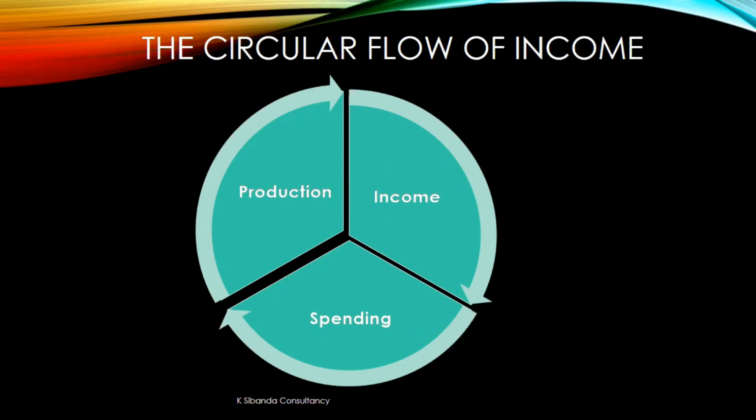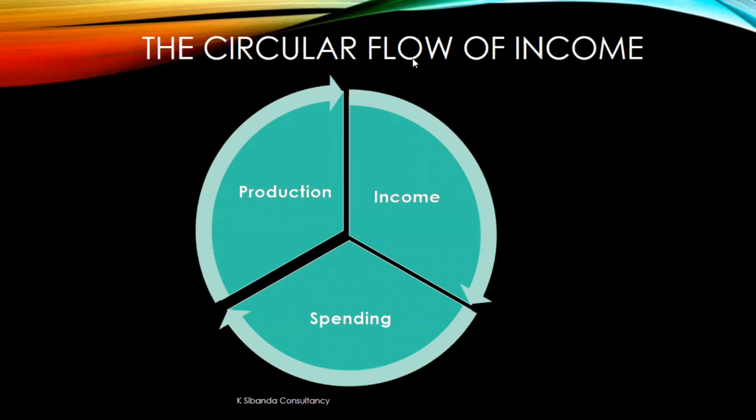All right, so the word circular, from the circular flow of income, becomes clear because we can now see the interlink in the economy between production, income that is earned from the production process by those that own the factors of production, and then, of course, the spending, where it's very important that money is spent in an economy.